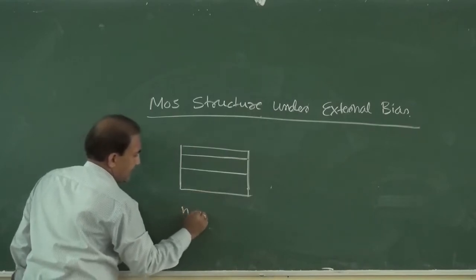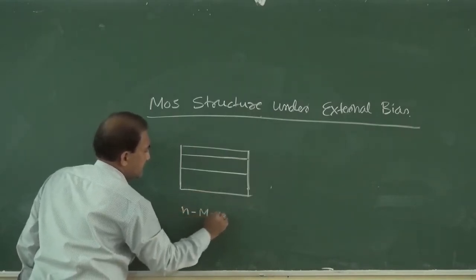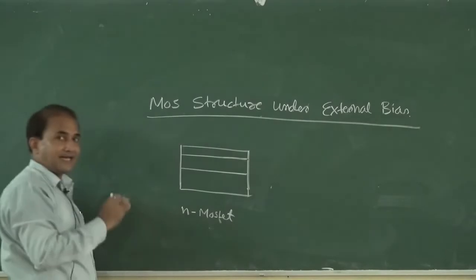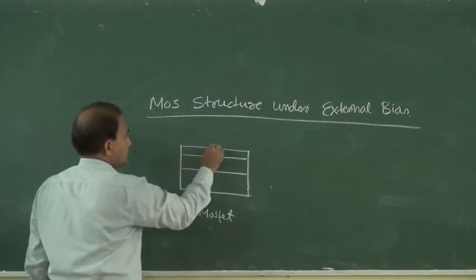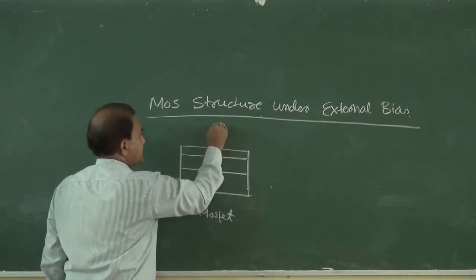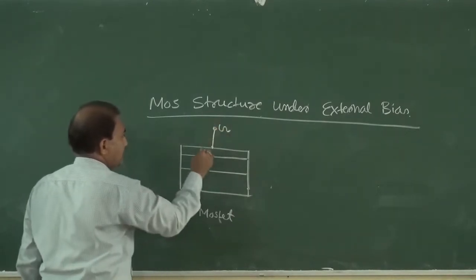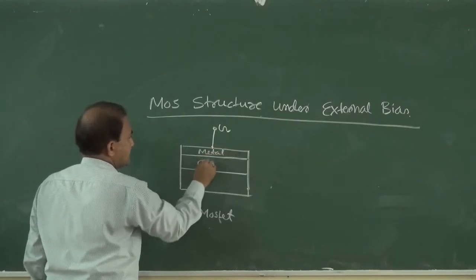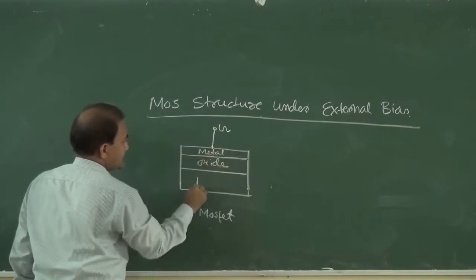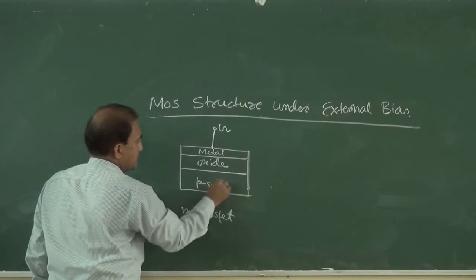Suppose this is for N MOSFET, which means N-channel enhancement type MOSFET. So suppose this is the gate terminal, this is metal, this is oxide, and this is P-type substrate.